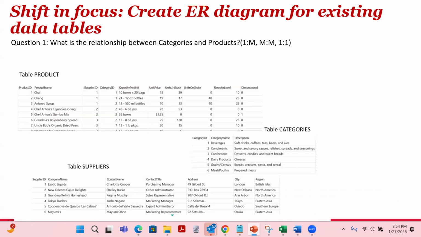Well, first of all, you need to identify how tables are related together, right? You need to identify the keys. And we already did this exercise a couple of slides ago, so you probably remember that the tables product, categories, and suppliers are linked based on category ID in the category table, which is a primary key here, to category ID in the product table, which is a foreign key in the product table.